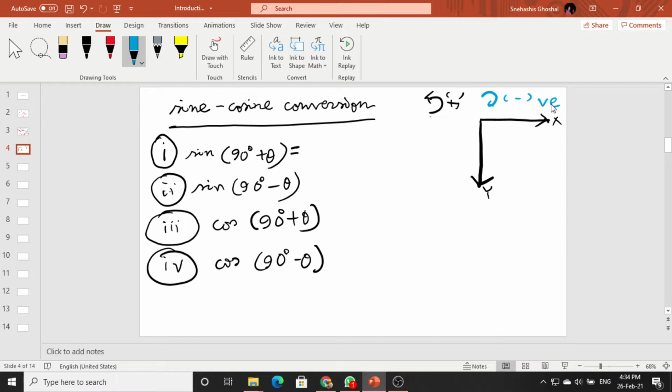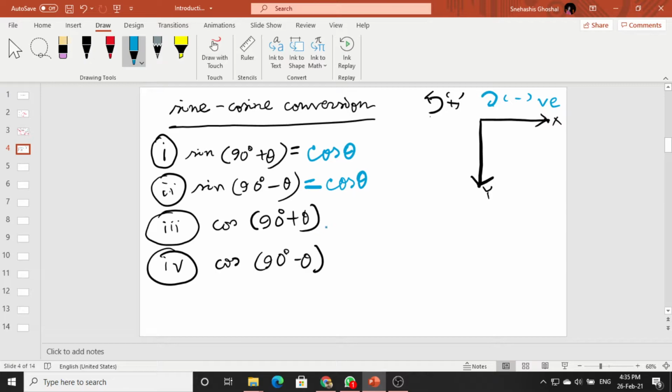Okay, so now sine 90 degree plus theta, that is always cos theta. Sine 90 degree minus theta, that is also cos theta.